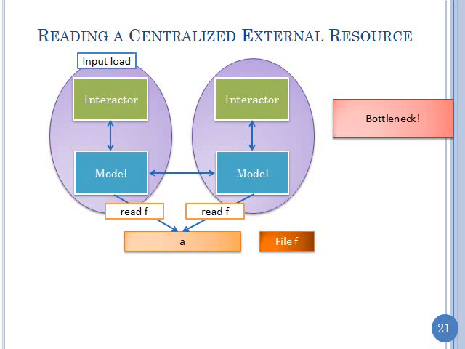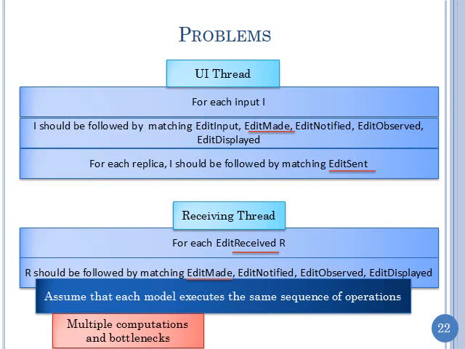If we don't have a Dropbox-like situation, and we have a classic file system, then this becomes a problem. So we can have multiple computations and bottleneck problems.